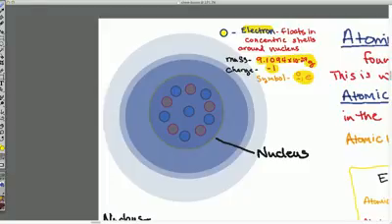Okay, so what we have going on is the electrons have different probabilities of floating around in these shells, and there's a different density or a different probability associated with different locations.